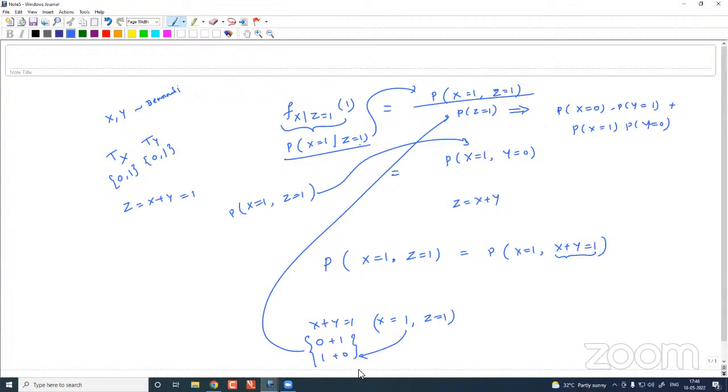Yes, because if you put the value of x as 1 here, then automatically my y should take value 0. Then only you will get the sum as 1. Correct? Yes, sir. So this is nothing but the probability of y only, y taking value 0. That is what is written here.